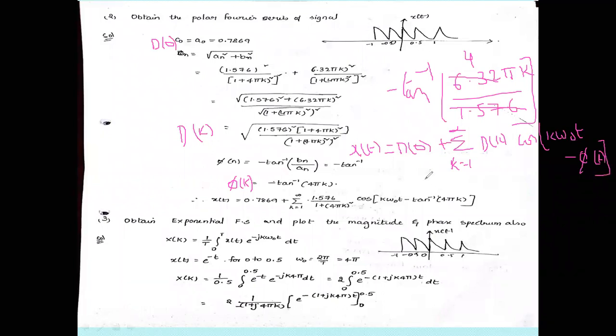This is the formula for the polar Fourier series or the compact trigonometric Fourier series.